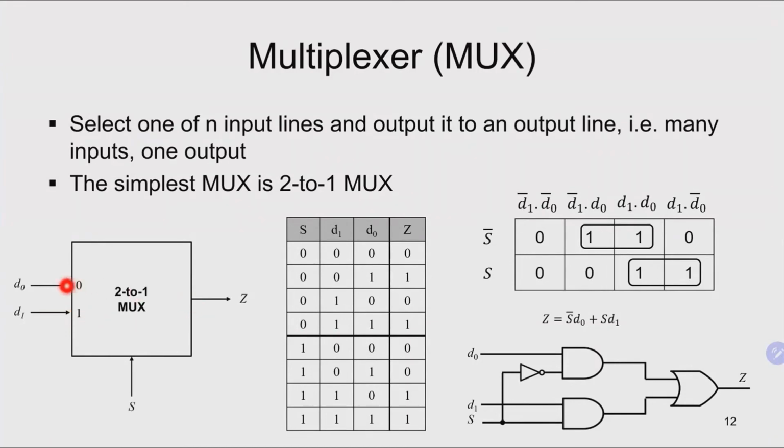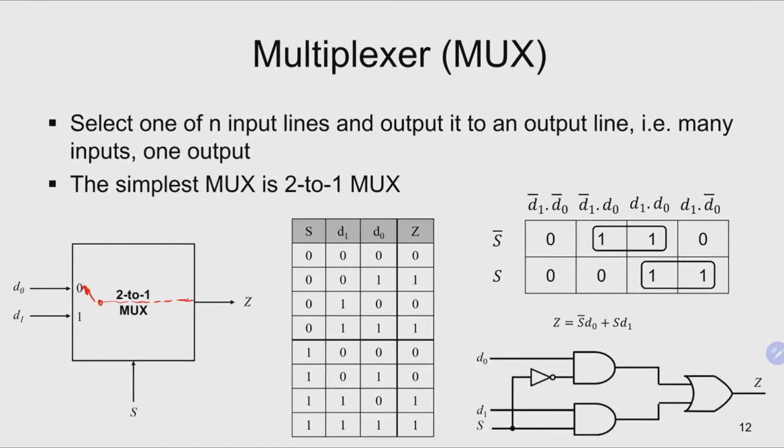We want to connect these two inputs to the output, but which input is connected to the output depends on S. We can think of S as the control, or the switch, that controls which input is switched to my output Z. You can think of this as a mechanical switch that you can rotate between input 0 and input 1.